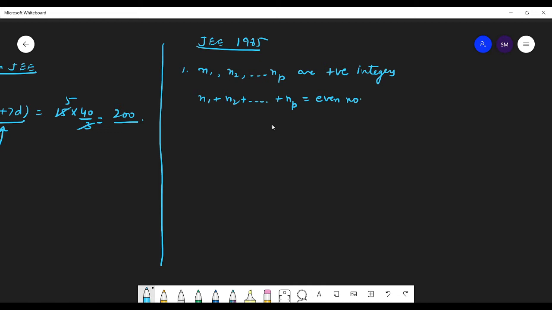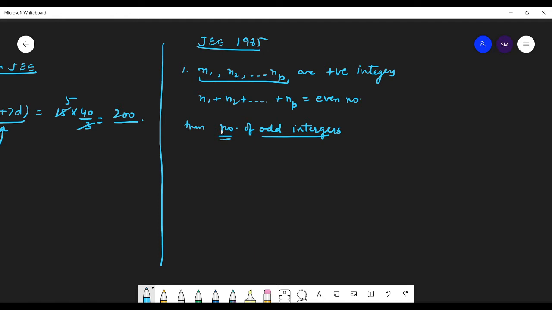Okay, then you have to tell the number of odd integers. So how many odd integers do you have over here? In these terms, some are even positive numbers, some are odd positive numbers.